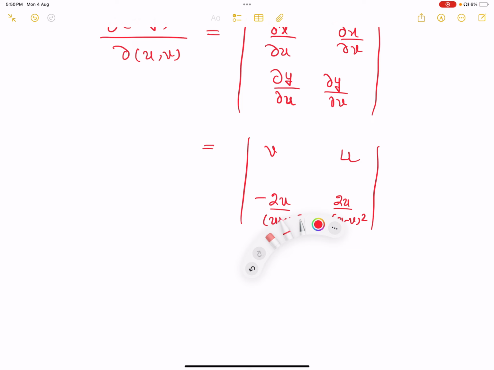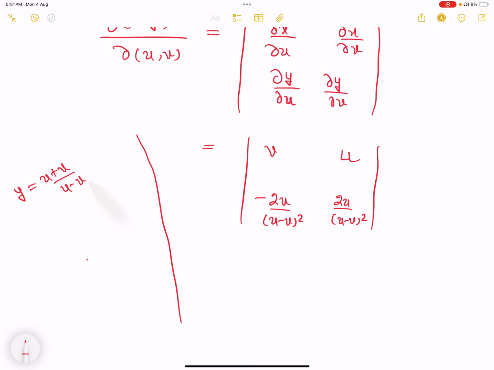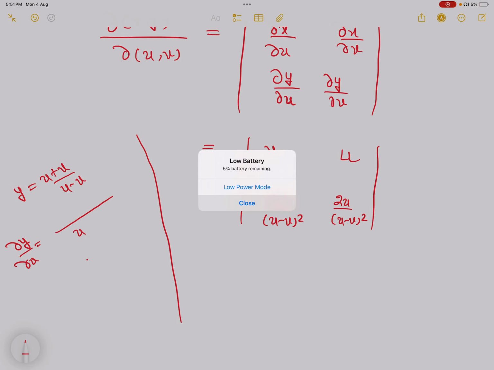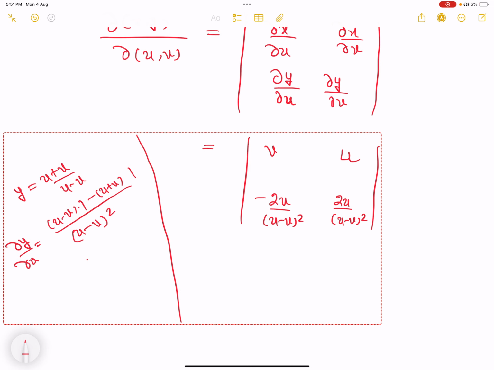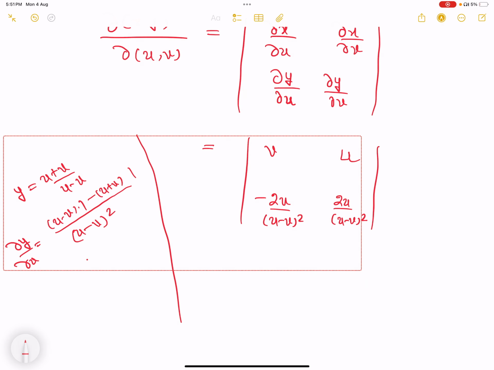So why is this? Because y is equal to (u plus v) upon (u minus v). So we can calculate del y upon del u, which is equal to the differentiation of the numerator, that is 1, times (u minus v), minus (u plus v), upon (u minus v) whole square.